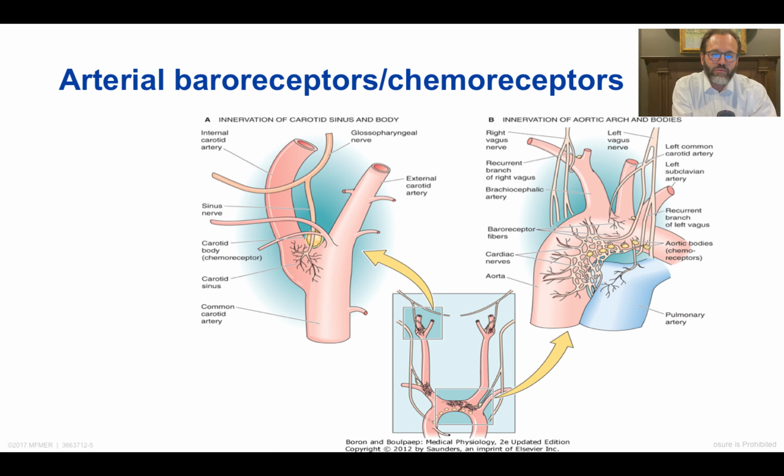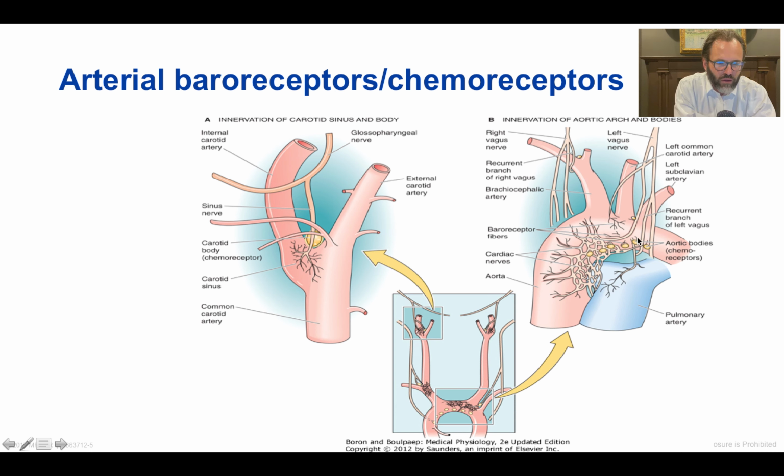When we look at these receptors in a little bit more detail, you can see here that in the carotid sinus there is robust innervation at the carotid bifurcation and in the sinus. In the aortic arch, there's profound innervation that extends around substantial portions of the aorta. Very minor innervation here in the pulmonary artery as a sort of earlier sensor for reductions in right ventricular outflow.